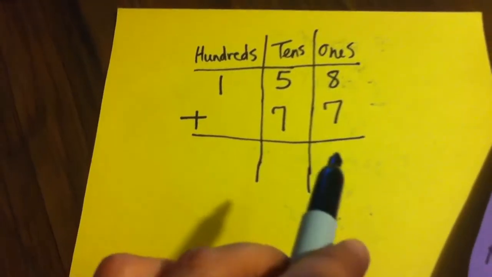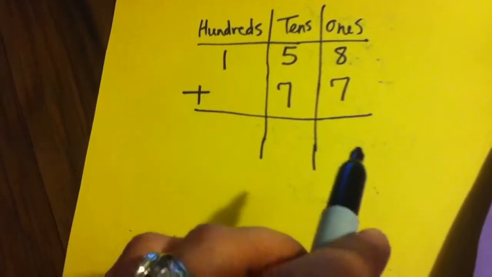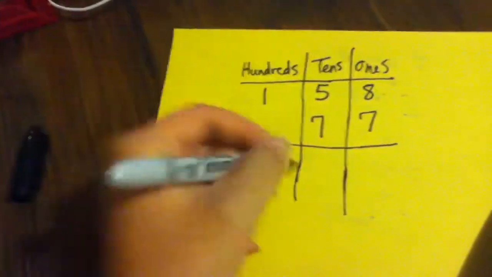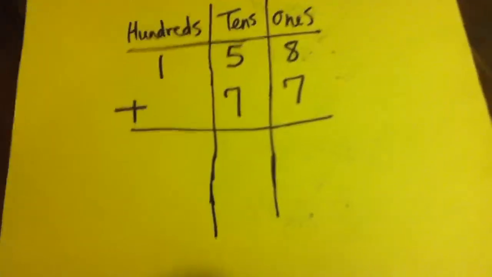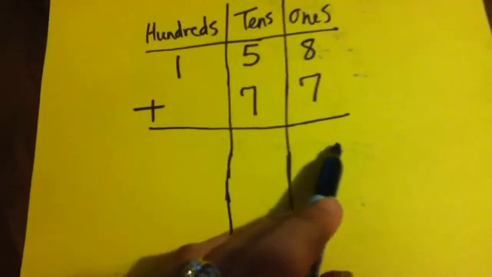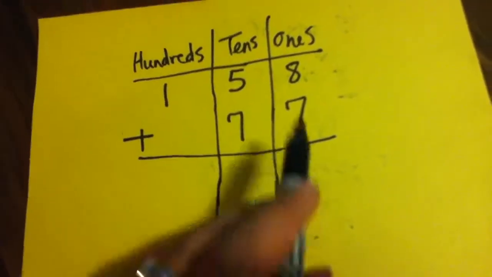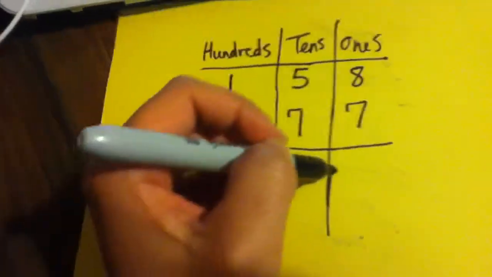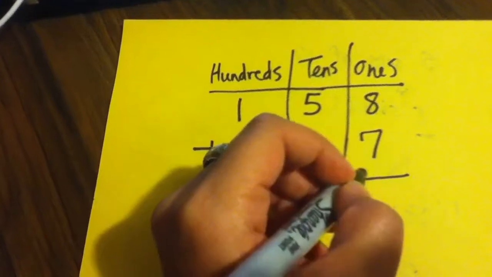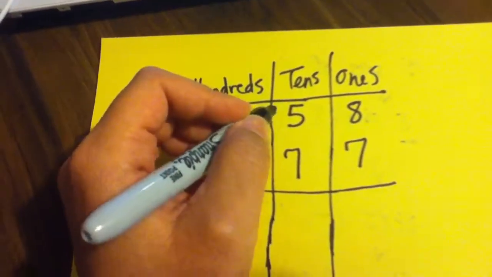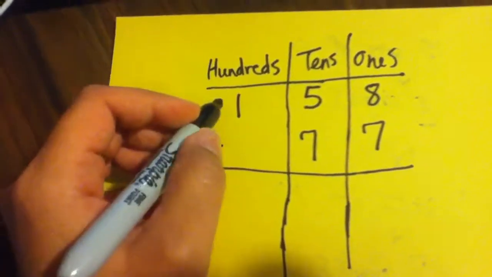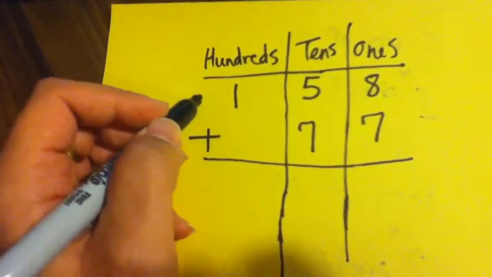And now, as we begin, we are going to remember that when we're working on a problem like this, we're starting from the right, because we're starting to add with the smallest numbers, or the smallest place value, so that once we need to regroup, we'll add one more to the next highest, which would be the tens. And then so on from there, we'll add on to the hundreds, which is the next highest.